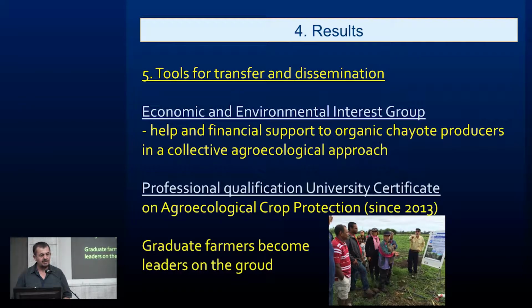We have also implemented a professional qualification university certificate devoted to farmers. It means about 35 hours on agroecological crop protection principles and practices. And after this time, the farmers can get a diploma delivered by the University of Réunion.